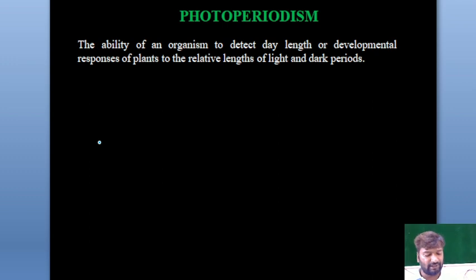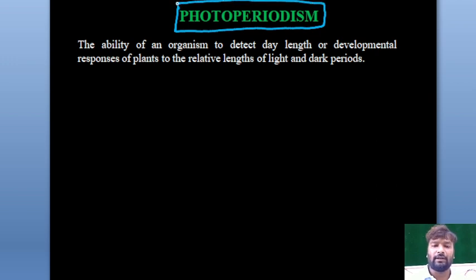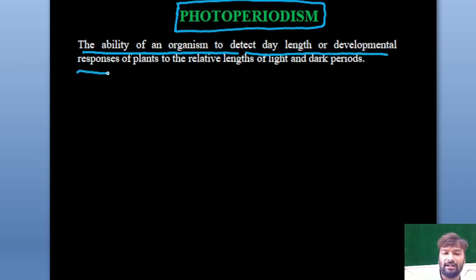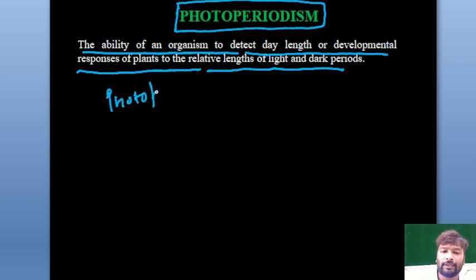Now come to the second pathway, that is known as photoperiodism. So what is photoperiodism? Photoperiodism is the ability of an organism to detect day length, or the developmental response of a plant to the relative length of light and dark periods.